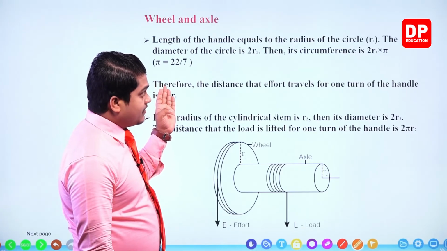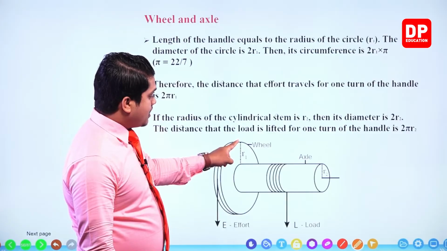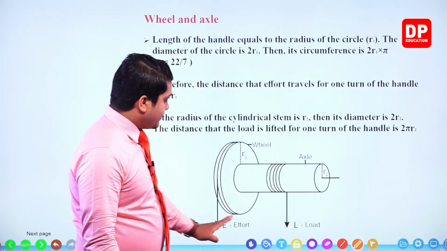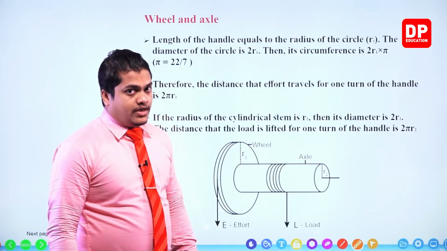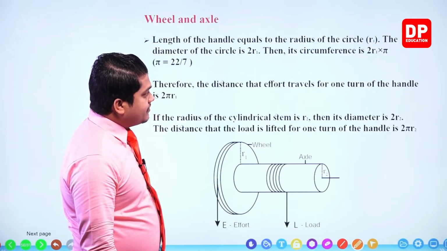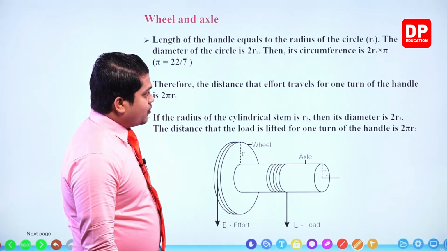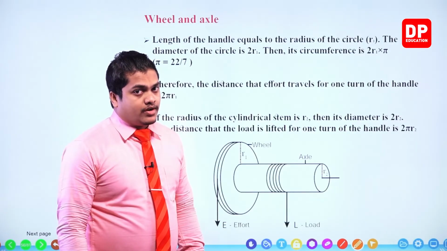This is the circumference of the handle, as you can see marked R1. Therefore, the distance that the effort travels for one turn of the handle is equal to 2 pi R1.